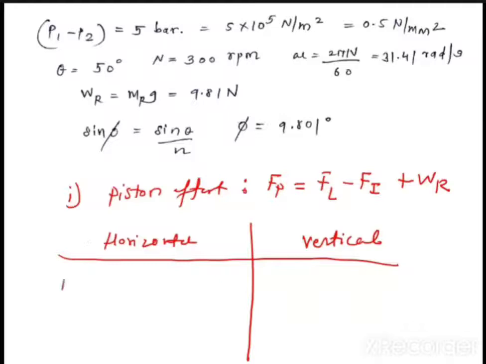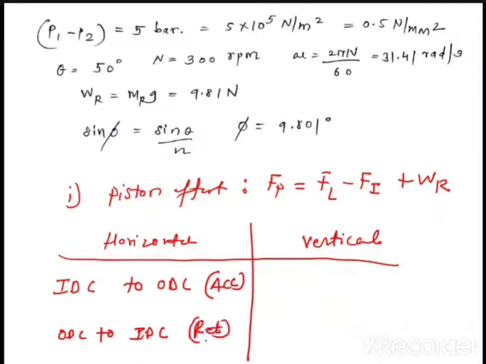Let us say horizontal engine, let us say vertical engine. Okay. So in case of the horizontal engine, when the piston is moving from IDC to ODC, just लक्षात ठेवा. What will happen? The parts will accelerate. And when the piston moves from ODC to IDC, parts will retard.